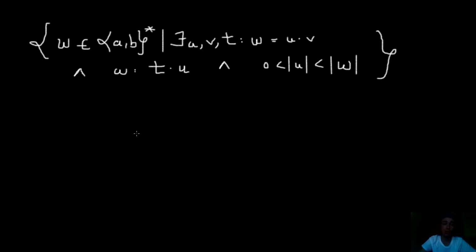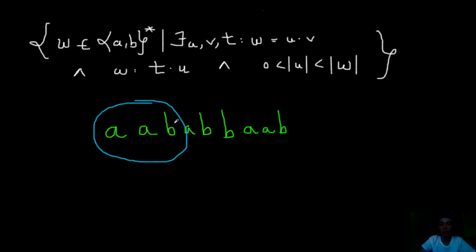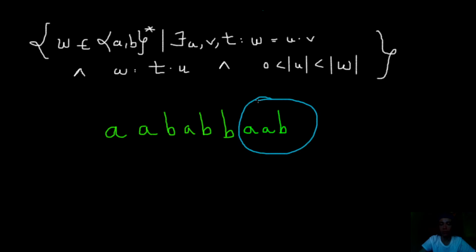We can see another example of this. Imagine that we have the word aabababb, which could also be the word aab, and then we have here the aab. As we see, we have this prefix in here, and then we have this other suffix in here, but it will be the u again.